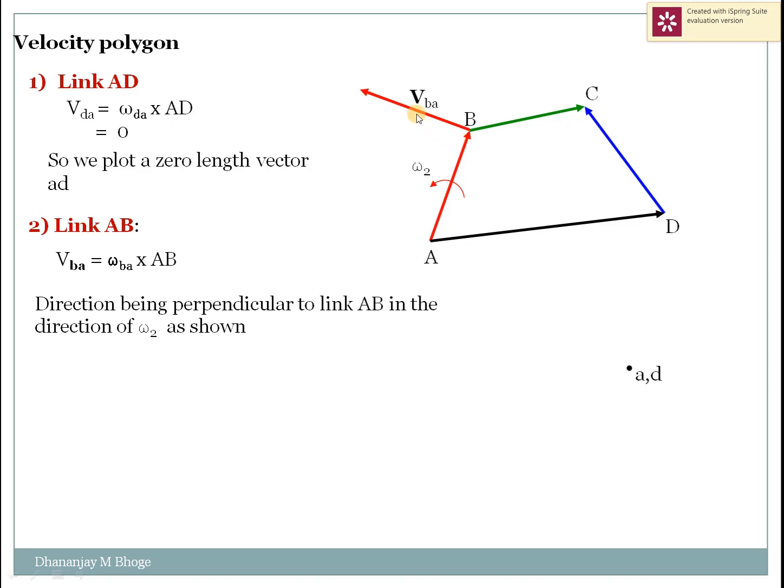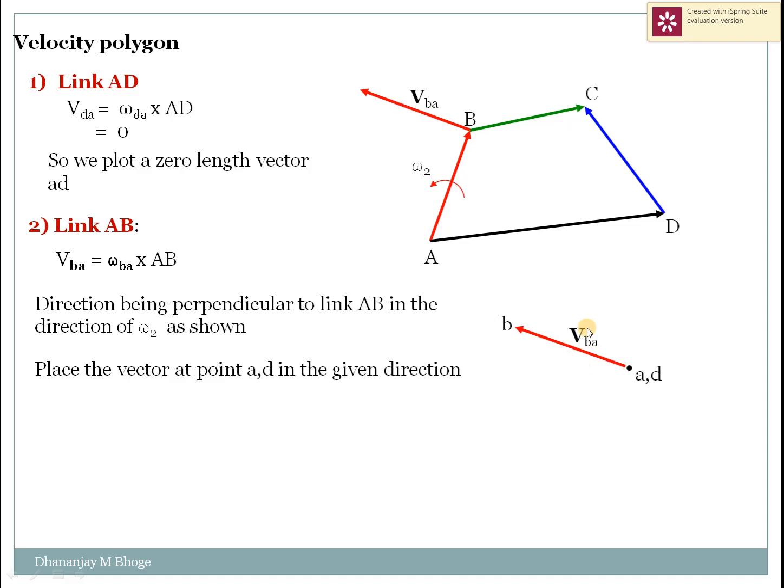Also we have seen that vector VBA is represented by vector AB. So A must be at the tail of the vector and B must be at the head of the vector. So we'll place this vector in the velocity polygon such that its tail lies at point A. So we have placed the vector VBA at A in this direction such that A is at the tail and B is at the head of the vector.